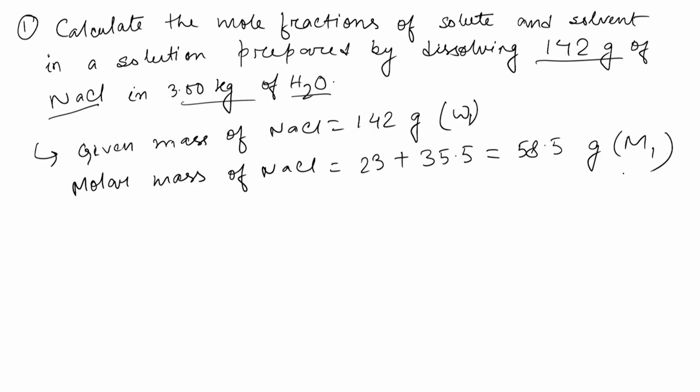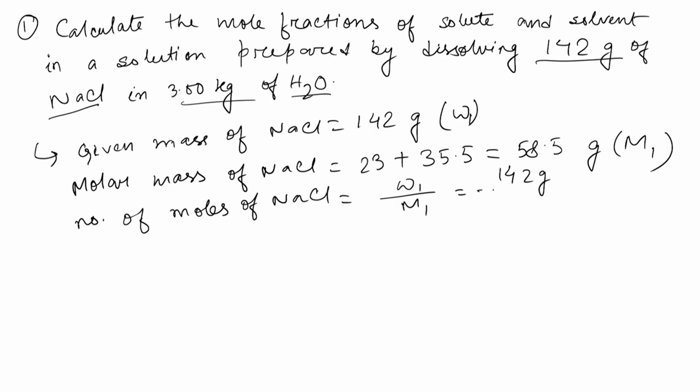This is M1. So, the number of moles of sodium chloride is equal to W1 by M1, so 142 grams by 58.5 grams, which comes as 2.43 moles.